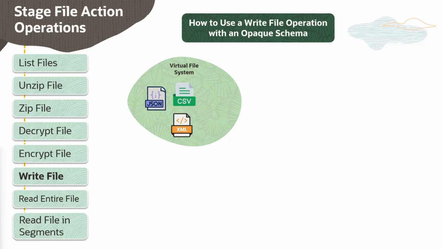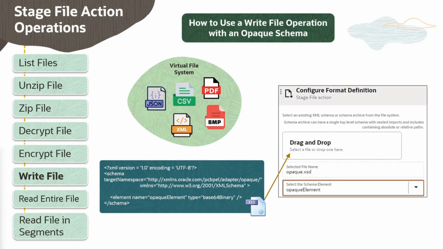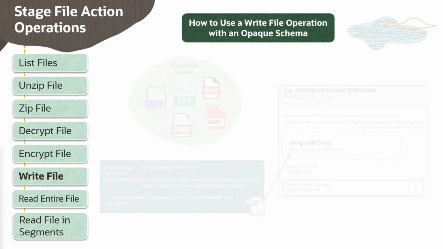While most of the time you are creating a defined structured file, there is the scenario where you need to create a file using an opaque schema element providing a file reference, even to unstructured files such as a PDF or image file. Now, to handle this, you first create a simple schema document with just the opaque element, then select that as your schema file and schema element as shown here.